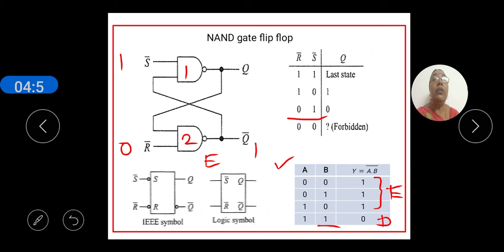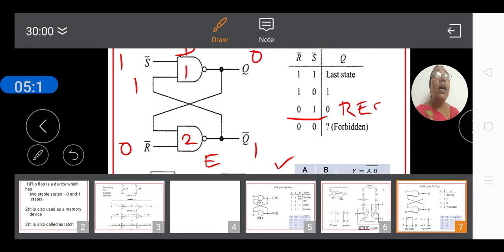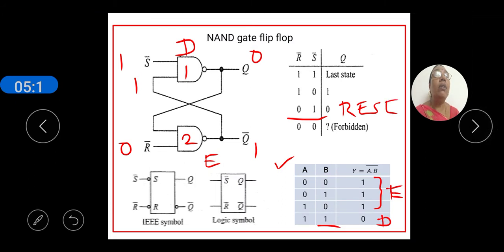Since Q bar is 1, the other input of the first NAND gate is 1. We say that the first NAND gate is disabled. So Q is equal to 0. We say that the flip-flop is reset. So when R bar is equal to 0 and S bar is equal to 1, we say that the flip-flop is reset.